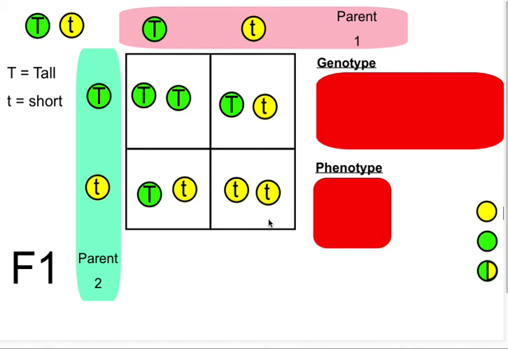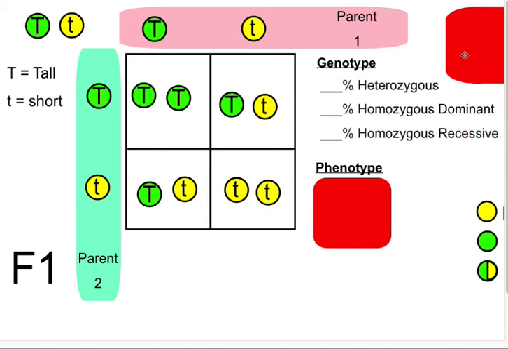So now we're getting a little more variety in the mix. What would our genotypes look like? Two out of the 4 are heterozygous, so still 50% are heterozygous. But now we've got this one up here that's homozygous dominant, and this one that's homozygous recessive. So 1 out of 4 is 25%. 25% are homozygous dominant, and 25% are homozygous recessive.